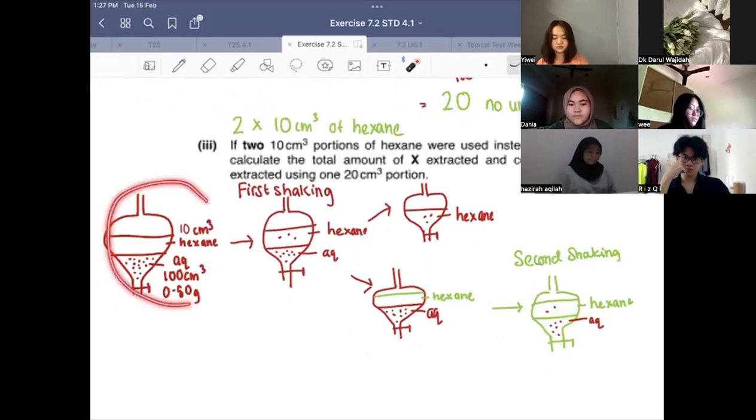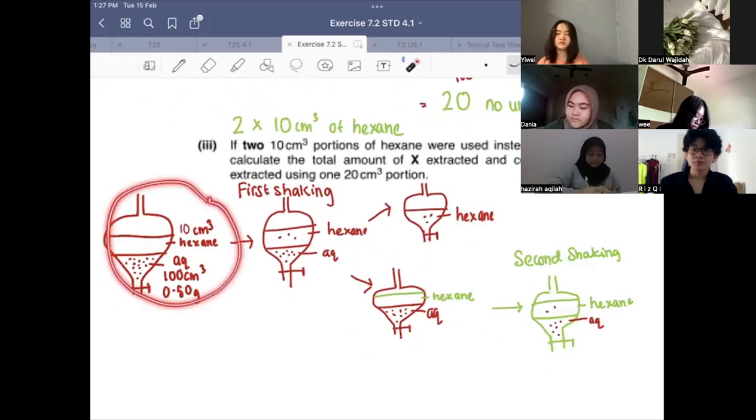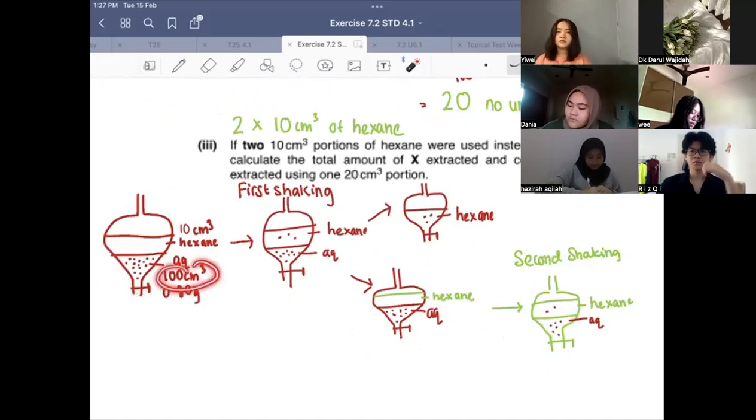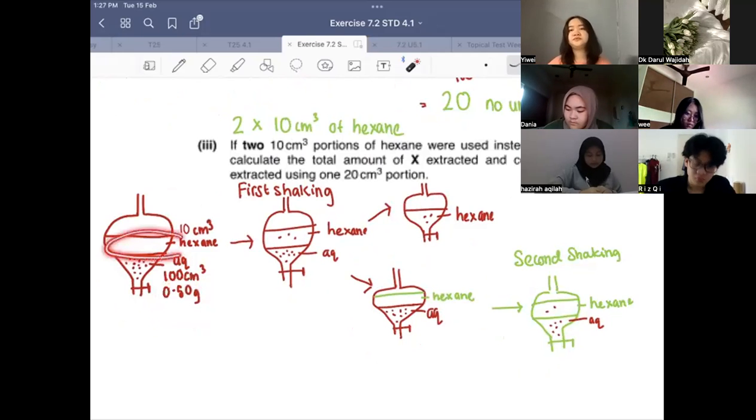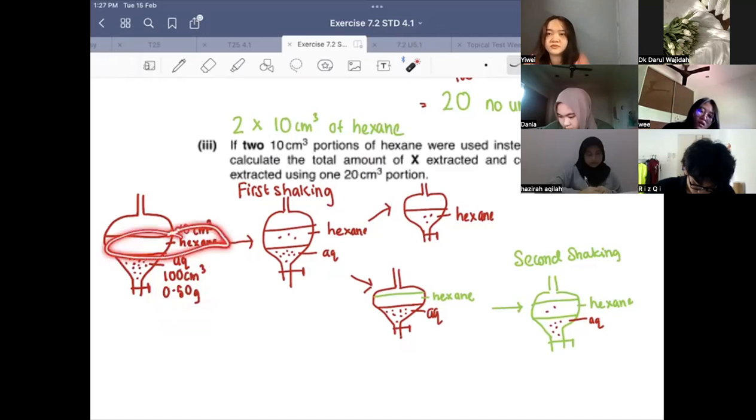So initially, you're going to start with the same volume of water layer or aqueous layer, which is 100 centimeter cube. And you also use the same initial mass, which is 0.50 grams. The only difference this time is we are using 10 centimeter cube of hexane first.